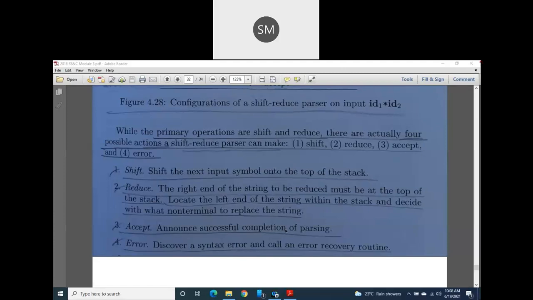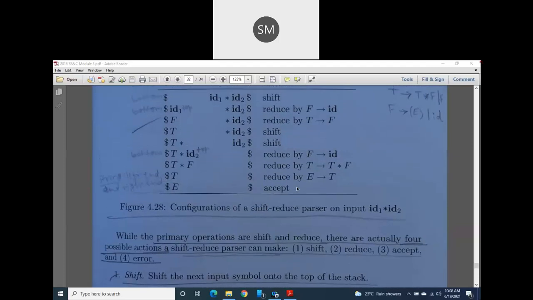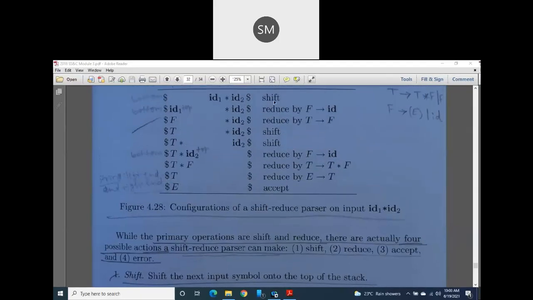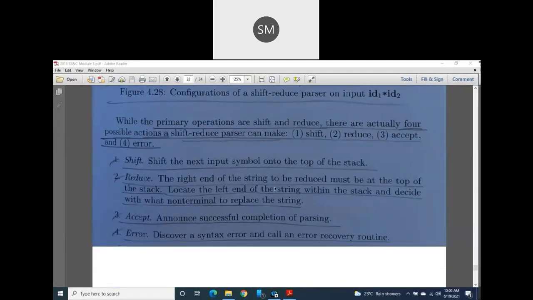In this diagram, we have performed three actions: shift, reduce, and accept. What about the fourth one? The fourth one is error. Since there is no error here, I have not used it. Let us discuss when I get this error. One by one we will see all these operations.